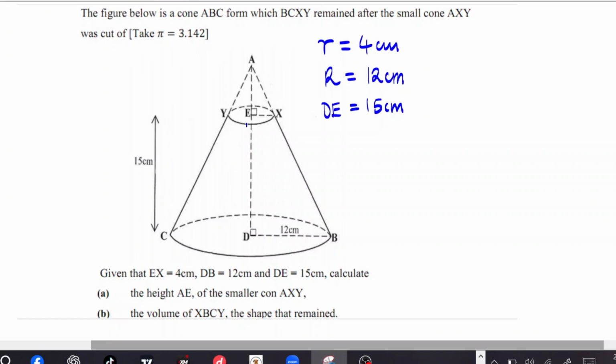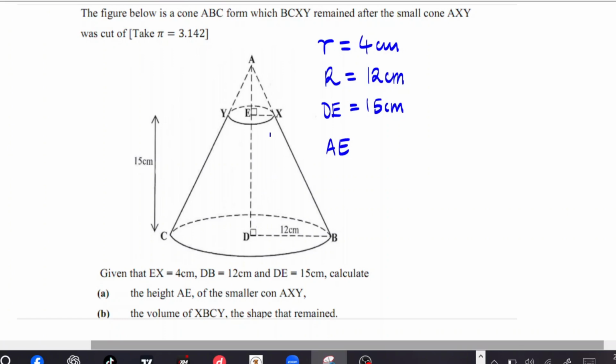For instance, for you to know AE, you must know DA.